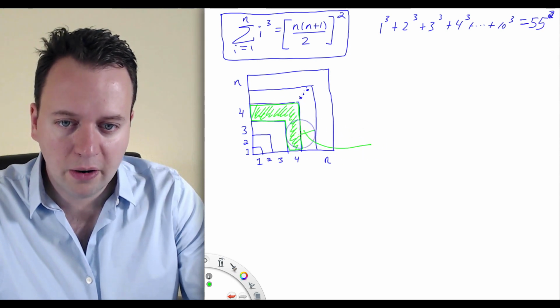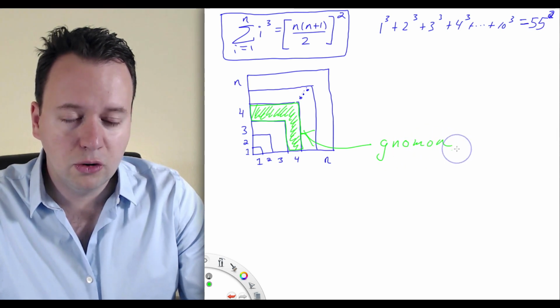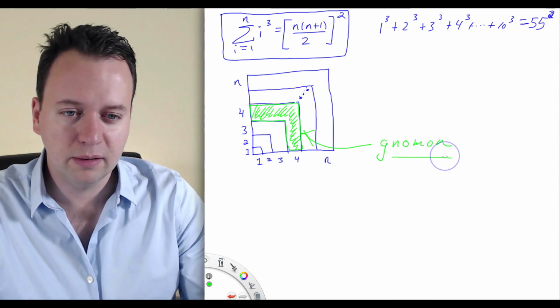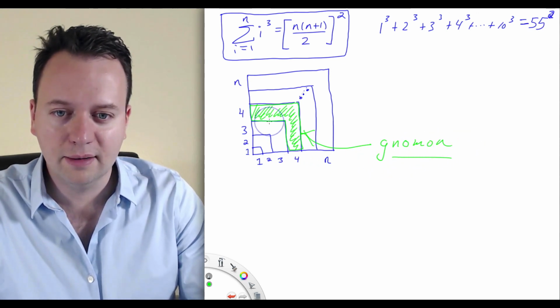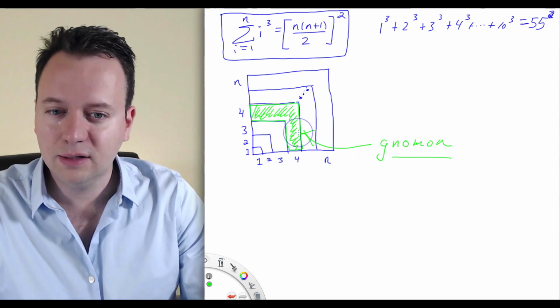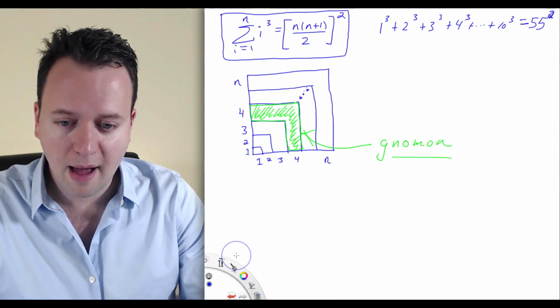that shape there is known as a gnomon. I'm not sure if the G is silent or not. The gnomon. And so the idea is to find a formula for the ith boomerang, the ith gnomon.